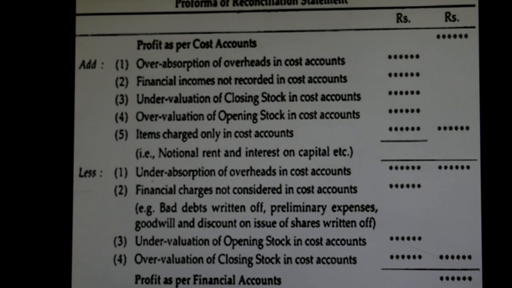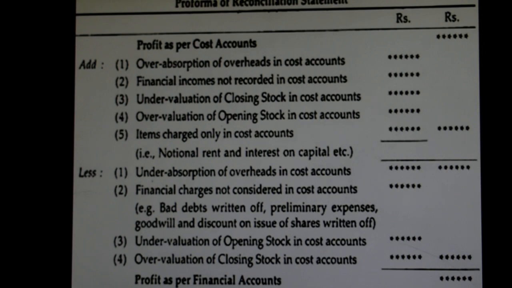For example, bank interest and interest on investment are financial incomes. Then undervaluation of closing stock in cost accounts. That is, when the value of closing stock is less than the actual value, it is treated as undervalued.